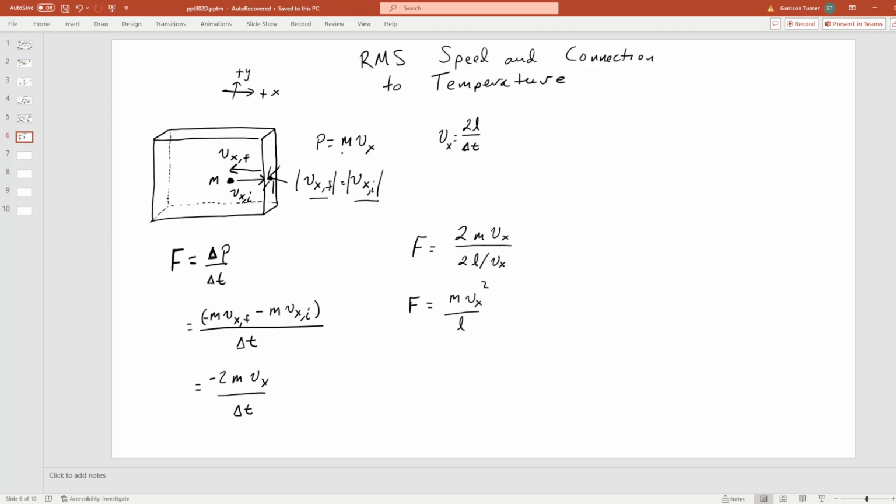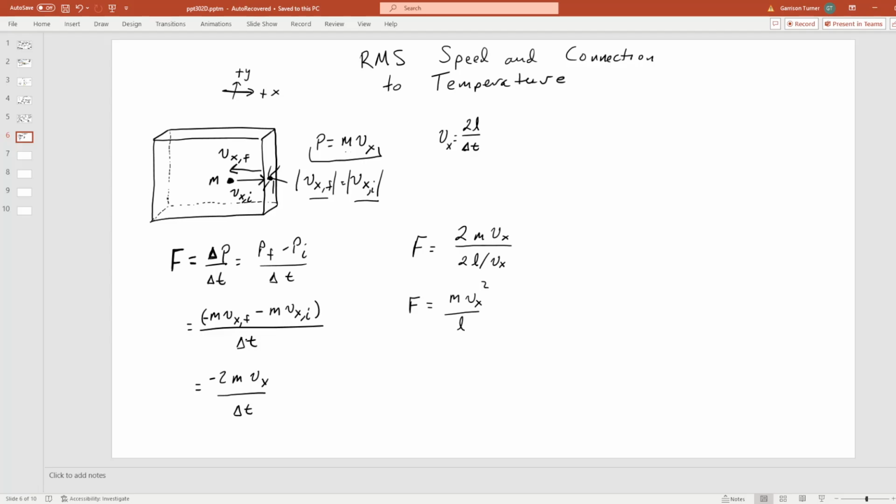If my momentum is equal to mv, then delta P is equal to the final momentum minus the initial momentum, which is going to be negative m vxf minus m vx sub i, and that's over the time interval.